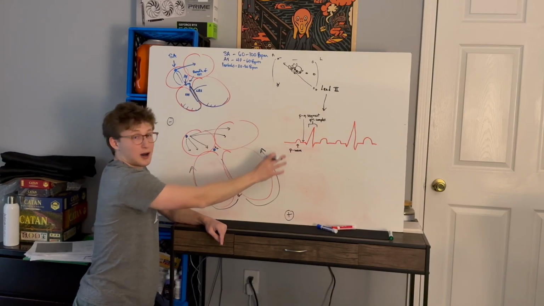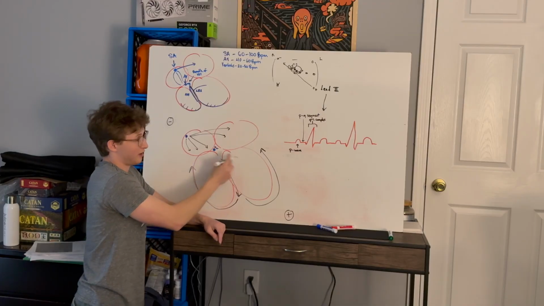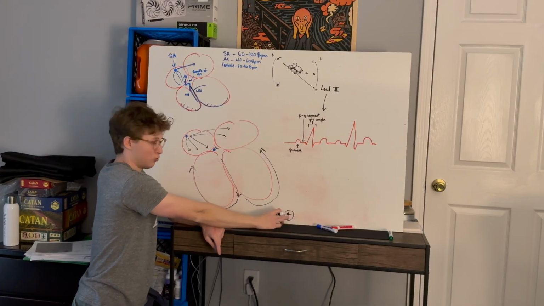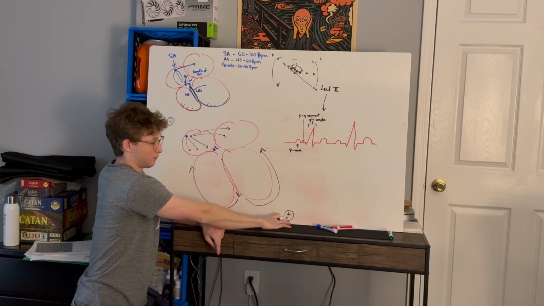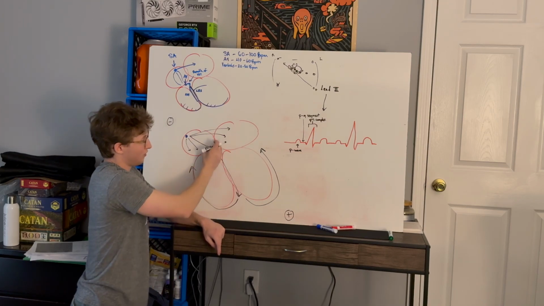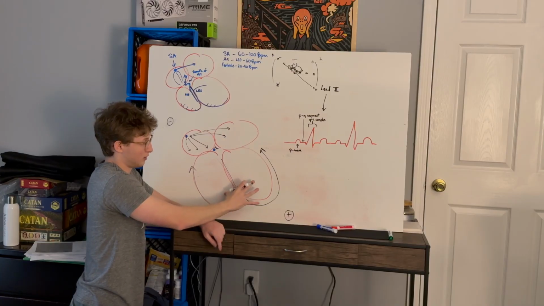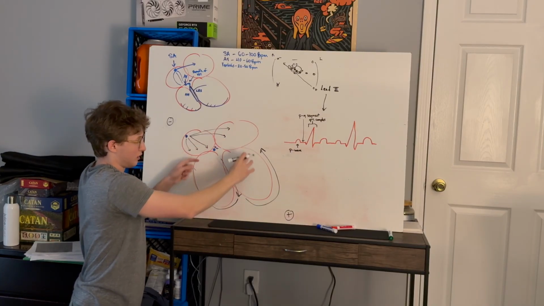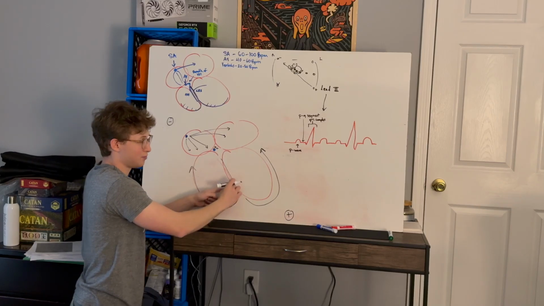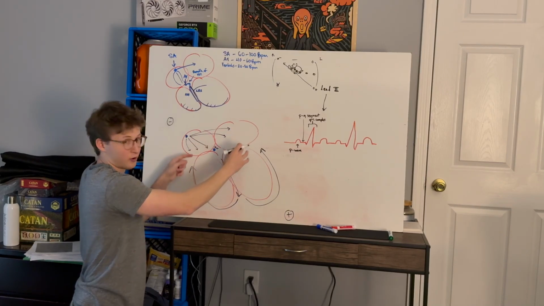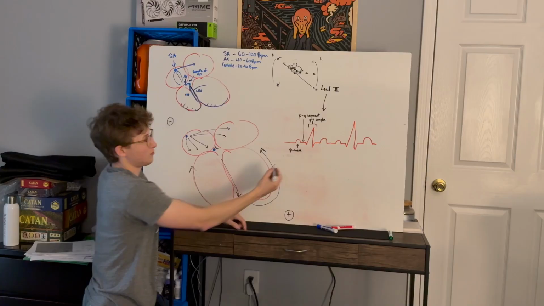So the QRS complex as a whole, when looking in lead 2, from positive, looking up like this, we see this giant wave of positive charge moving down and then around, causing the ventricles to depolarize in this manner and then contract.